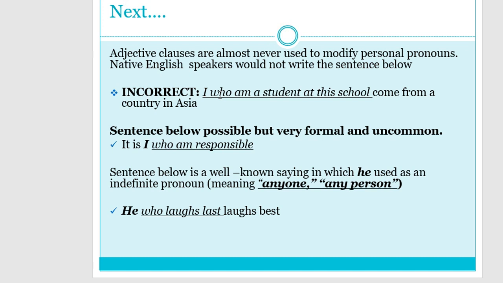It's not used, or it will be totally incorrect. The sentence below is very formal and uncommon: it is I who am responsible. This is an accurate sentence, but it's not used. If you want to use it, it can be in a novel or a very formal letter.